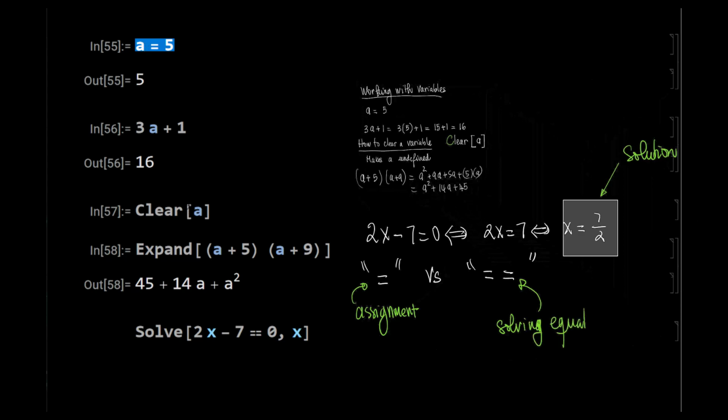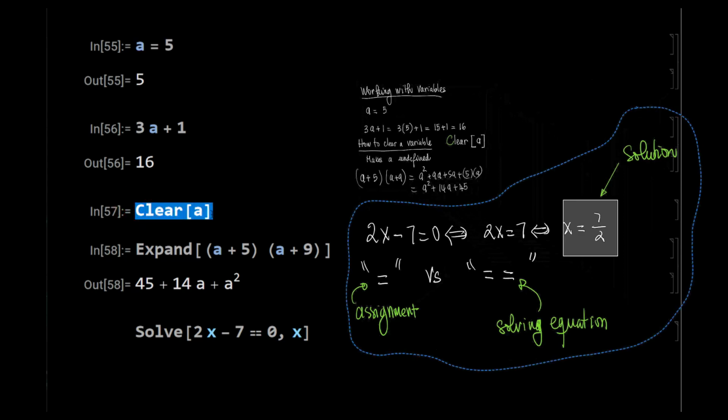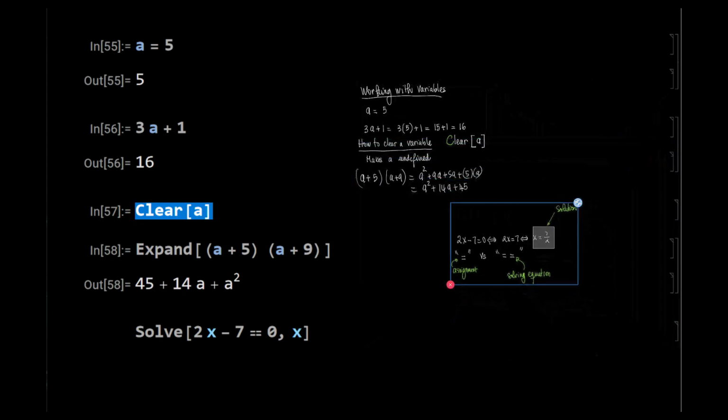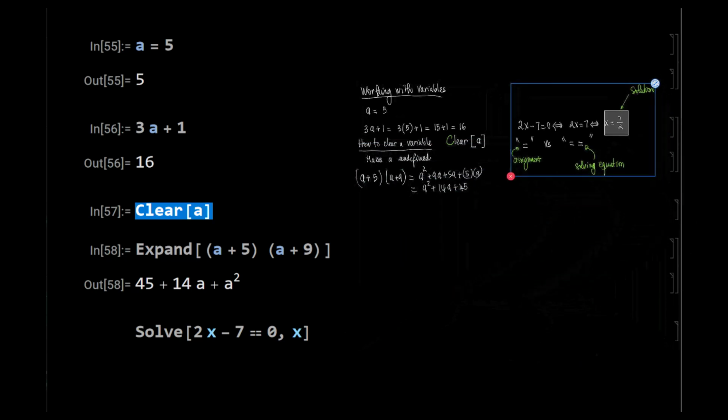And when you move on and want to reuse that variable for another purpose, you will need to clear the variable so that Mathematica can remove that value from the association made between that value and the variable.